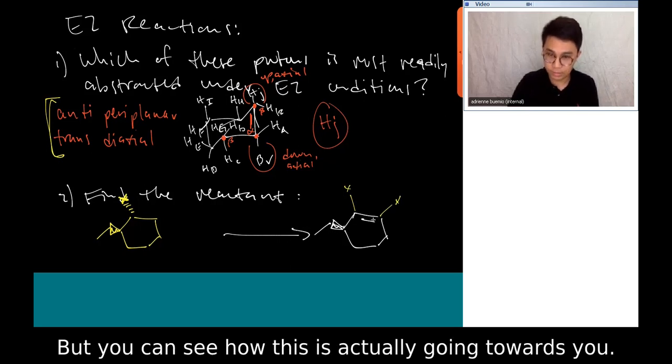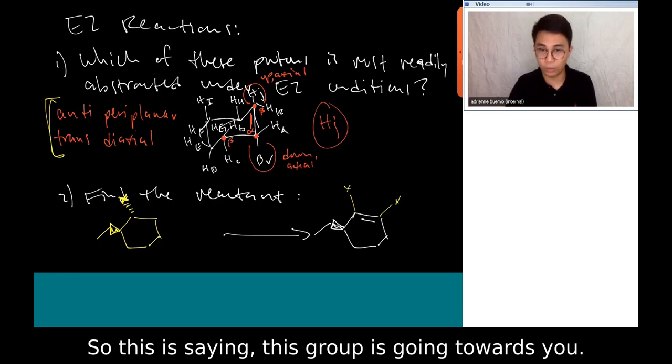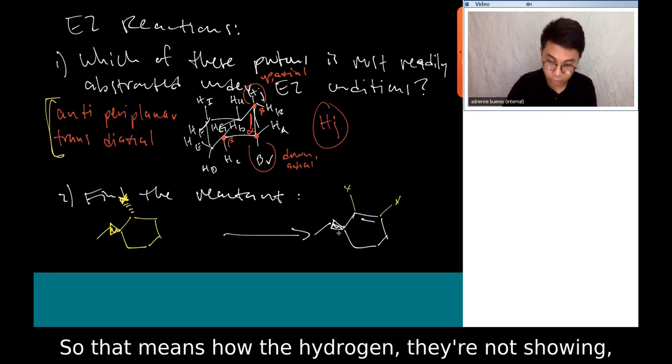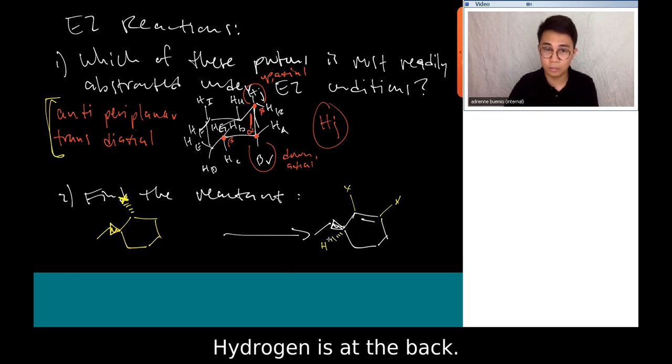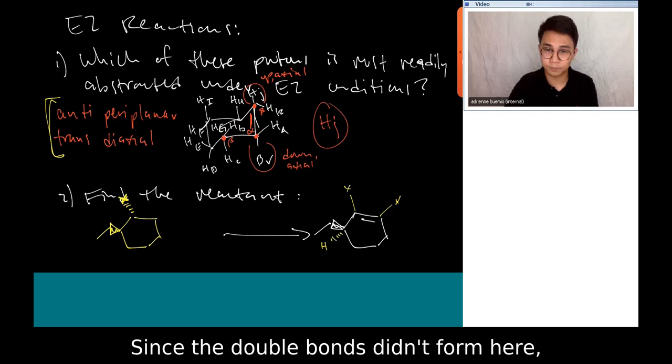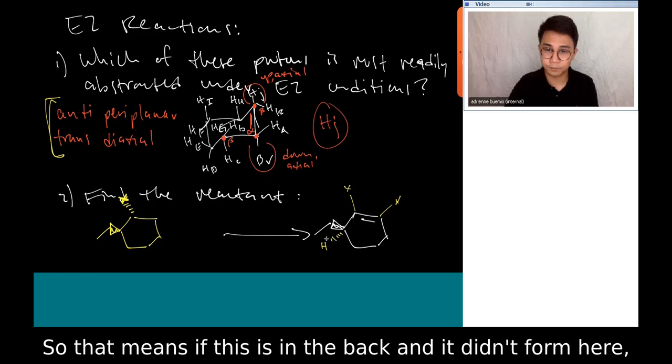But you can see how this is actually going towards you, and we need something that's going in the back. This group is going towards you, so that means the hydrogen that they're not showing, the fourth group, is going to the back. Since the double bond didn't form here, this isn't going to work.